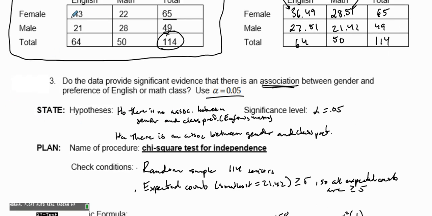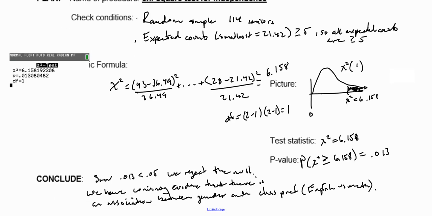Among females, there is going to be a difference in what they pick. It looks like they probably pick English compared to males, who probably pick something different. There they show a little bit more math, which is different from what we expect in our expected values. From those values, we can see there's a preference.